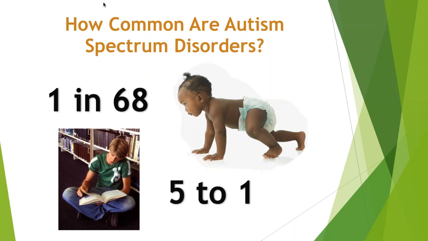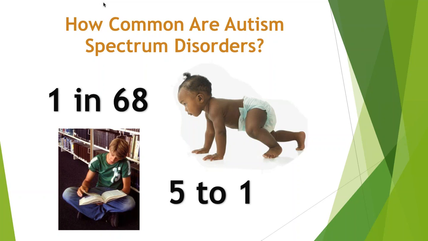There's also more awareness, just like this program is, of autism and the characteristics of autism and working with people with autism spectrum disorder. And many researchers are coming to believe that there is an actual increase in the population that has autism. So those factors all combined to result in that dramatic prevalence increase.